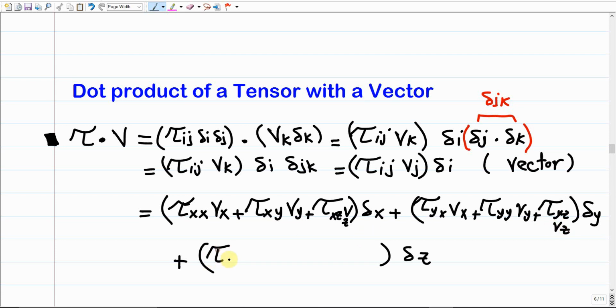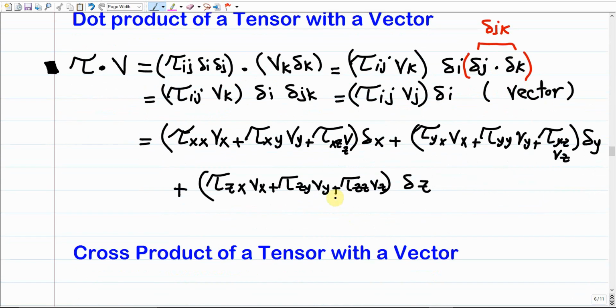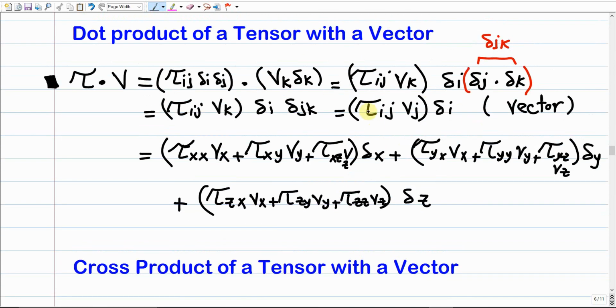Here the i should be z, and the j should be x, v_x, plus tau_zy v_y, plus tau_zz v_z. Make sense? So this is the expanded form of the compact form, which is given up there for the dot product of a tensor with a vector.